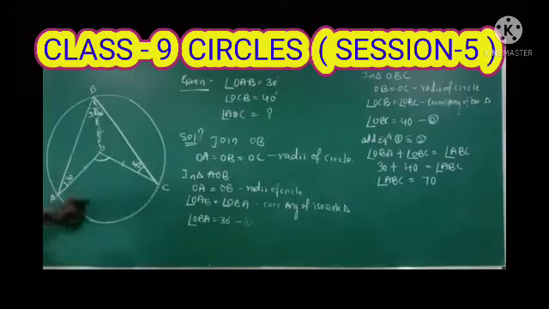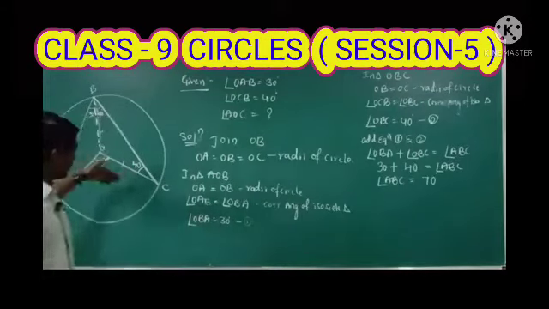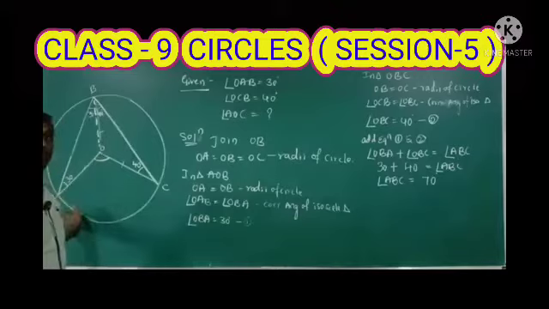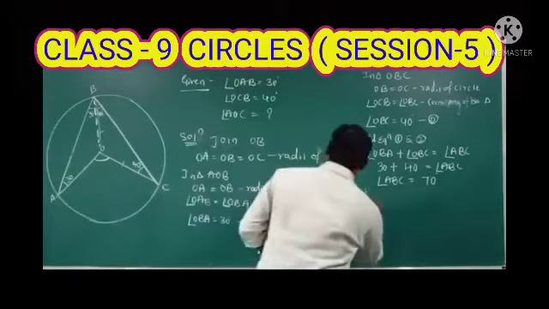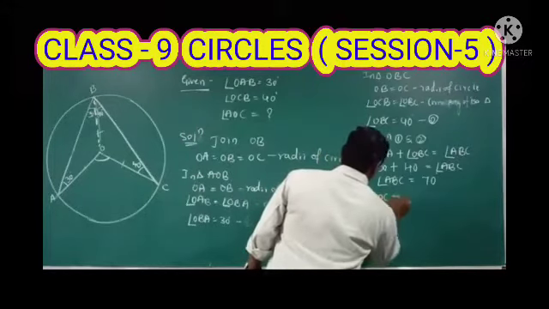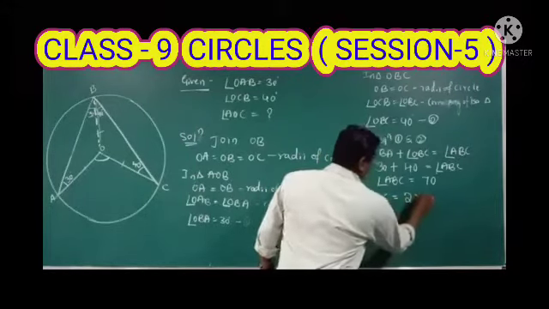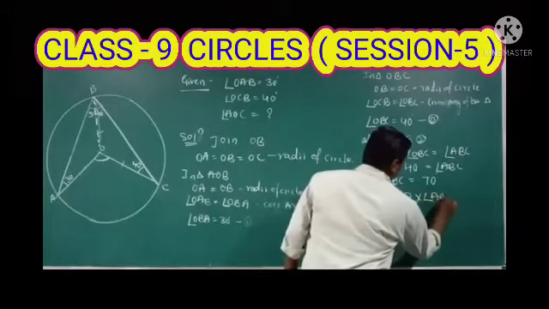The angle formed by the arc on the circumference of the circle is always half, right? So what about the central angle? It is always twice, or double. The central angle formed by the arc is always double, right? So angle AOC is equal to 2 times angle ABC.